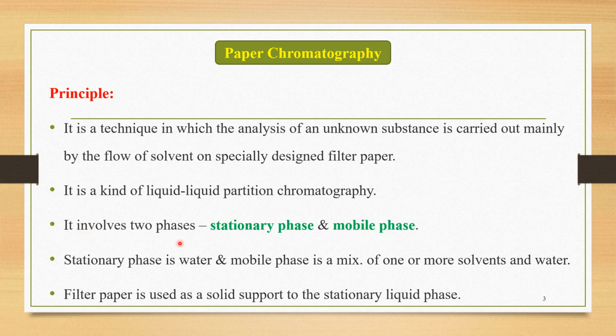It involves two phases. One is the stationary phase and the second is the mobile phase. Stationary phase is water and mobile phase is a mixture of one or more solvents and water. Filter paper is used as a solid support to the stationary liquid phase. So this is the simple principle of paper chromatography.